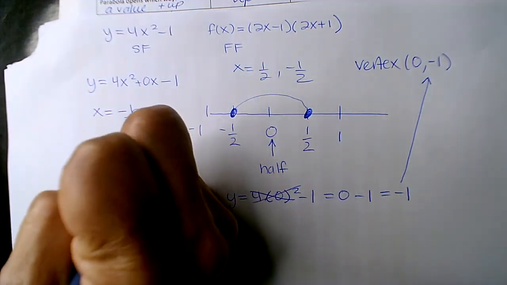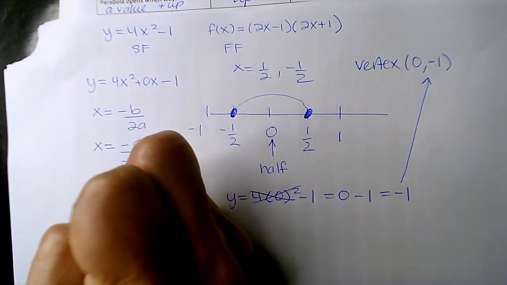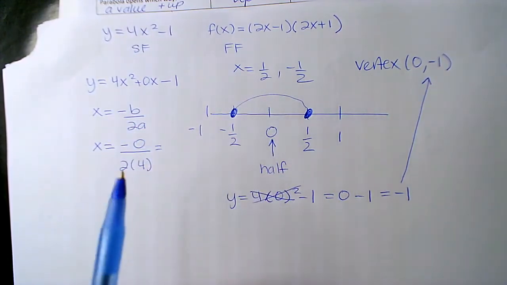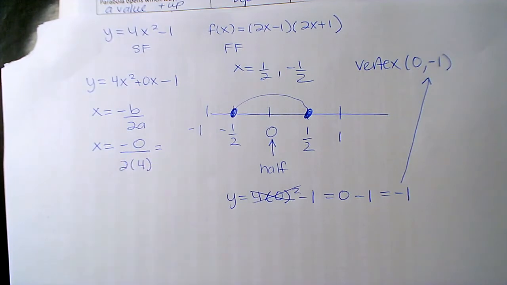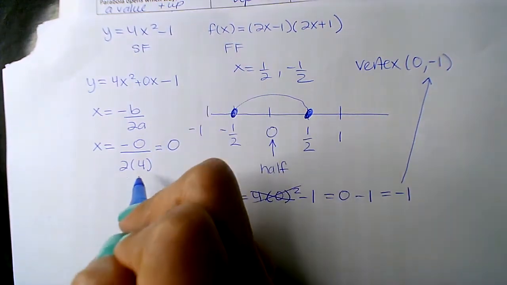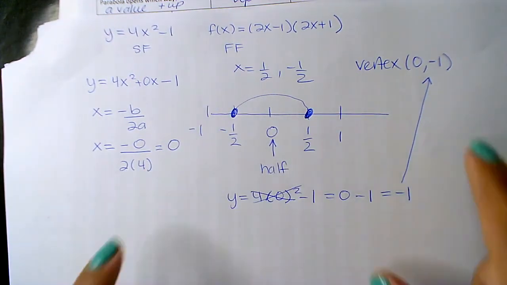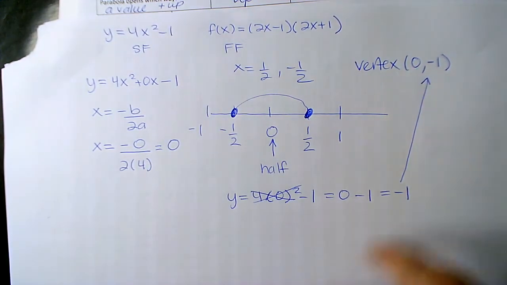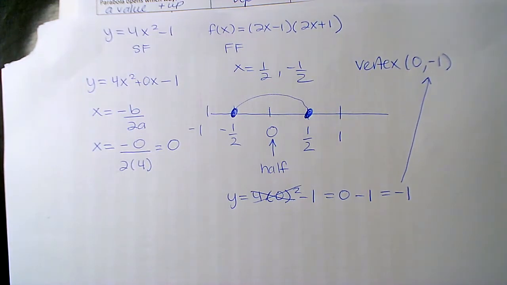Well, if my b value is 0, or my a value is 4, it doesn't matter. Once you have 0 as your numerator, isn't it just 0? It's irrelevant what the denominator is. And so this just collapses to 0, and so there's my 0. And if you substitute it, you're going to get the exact same -1.